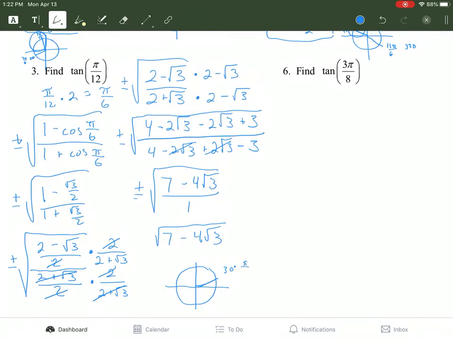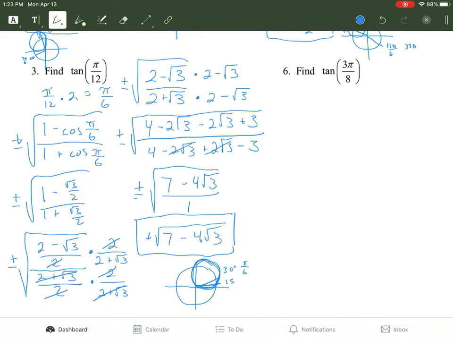Pi over 12 is half of that, so it's like here, it's 15 degrees. So we have to figure out what tangent is in the first quadrant. Tangent in the first quadrant is sine over cosine, which is y over x. Since both y and x are positive there, this is going to be a positive number. And there we go, we're done.